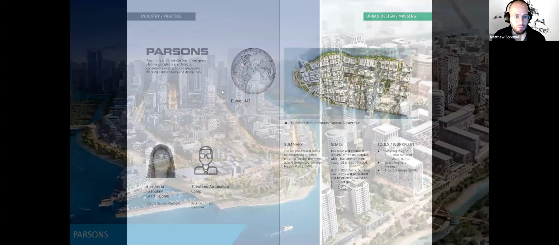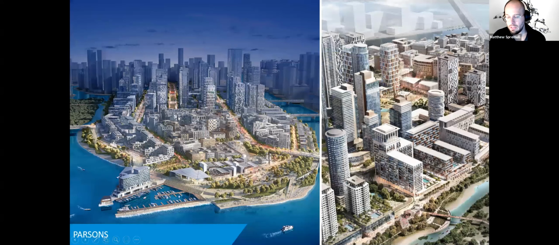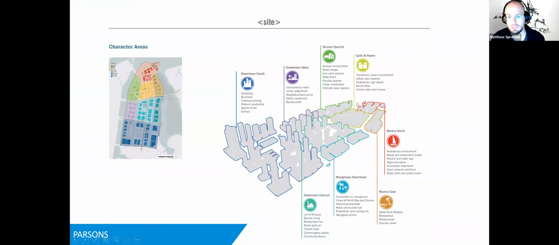And this is an artist's conception of what it will look like. But they knew that it would be broken into these general quarters or neighborhoods. But they needed to know what each of these blocks will look like. So towers and podiums, how does it work? How should they be designed?